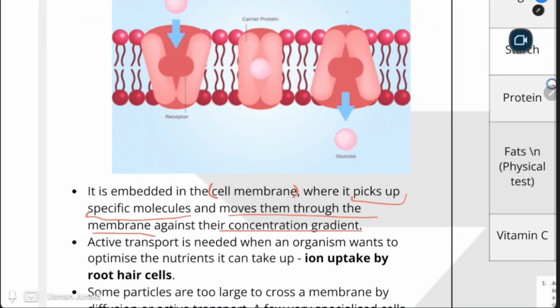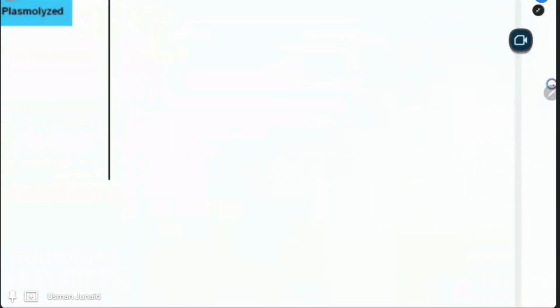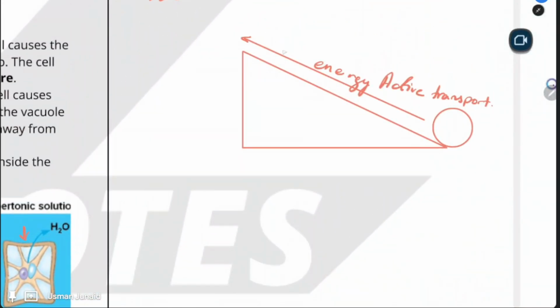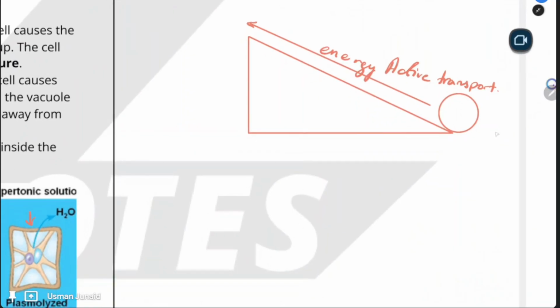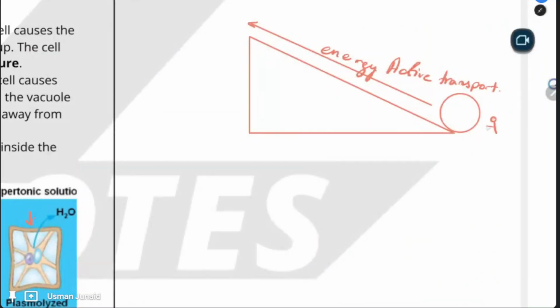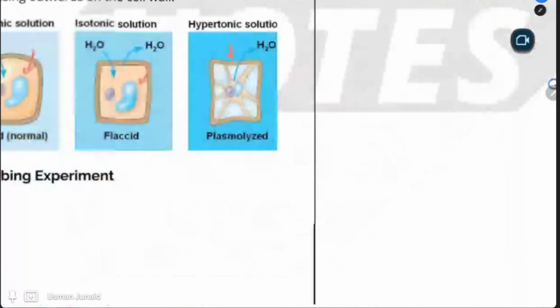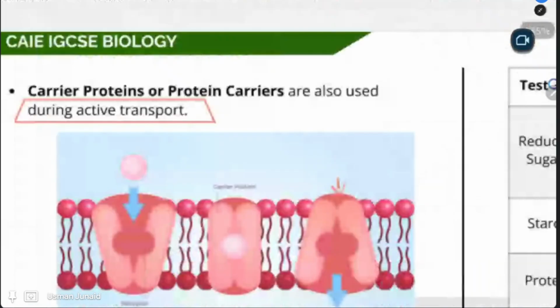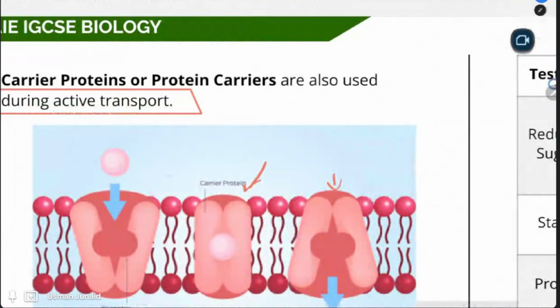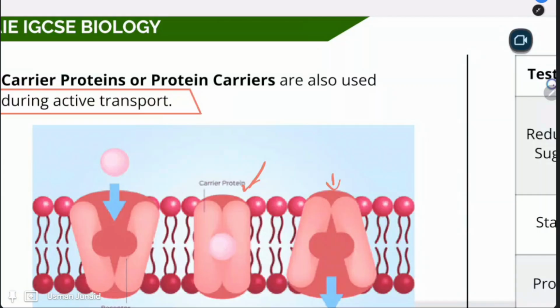So it won't just need energy, it would need a person pushing it as well. This is the person who is expending energy in order to push it upstairs, so energy is required to make this protein work. Understand? Okay.